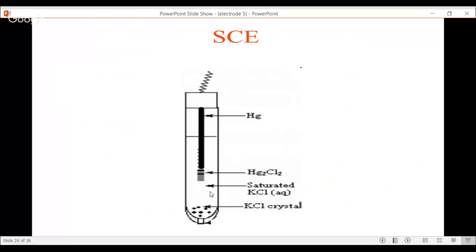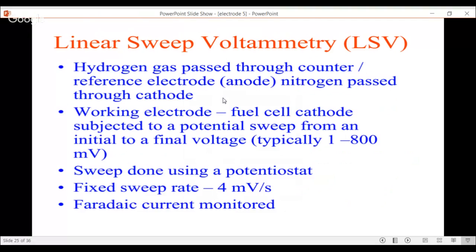The saturated KCl solution is put there, and KCl crystals are at the bottom, so that if anything happens, it will always be a saturated solution. So therefore, the contact is through the mercury. The wire is taken and connected to whatever instrument you want to deal with.